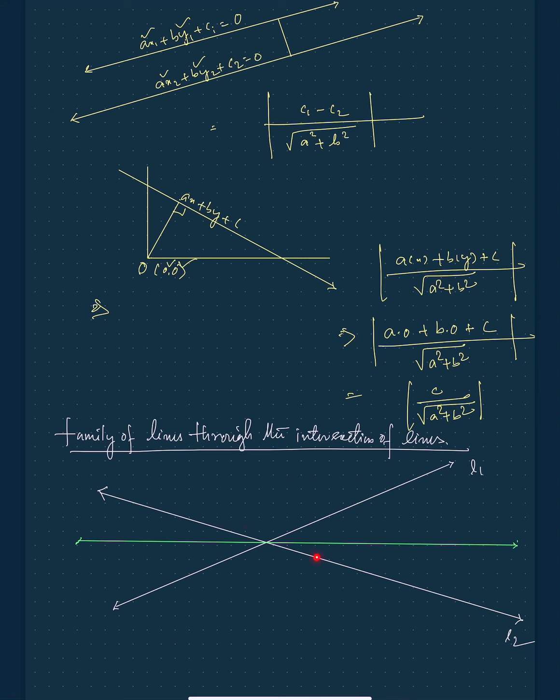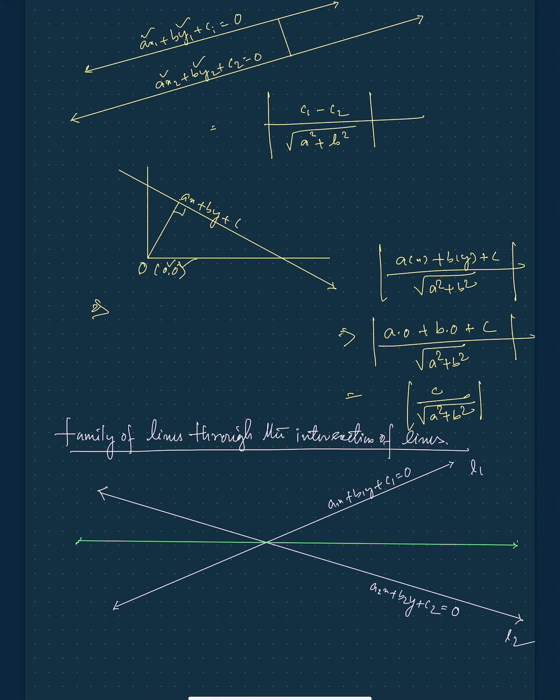This equation is given to us and this equation is given to us. Suppose the first equation will be a1x plus b1y plus c1 equal to 0. This is one line. And this will be a2x plus b2y plus c2 equal to 0. This is another line. So we need to find a straight line which passes through their intersection.